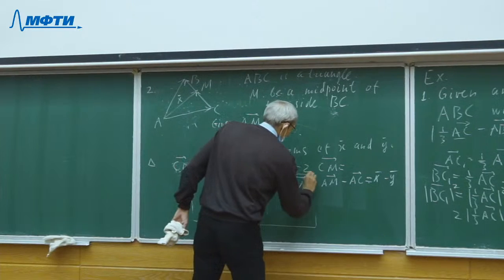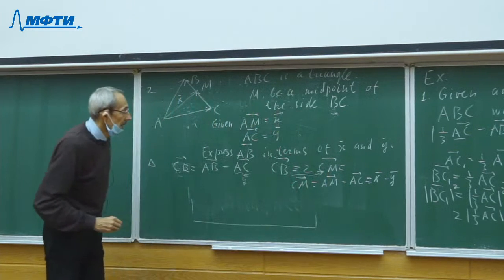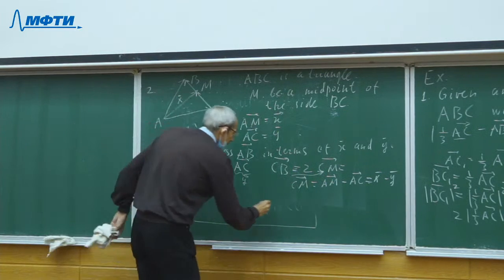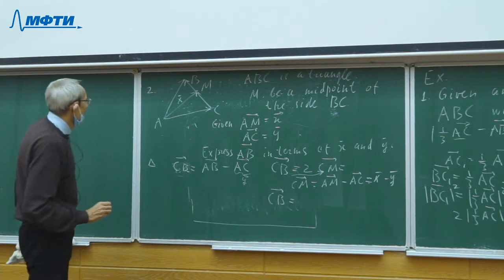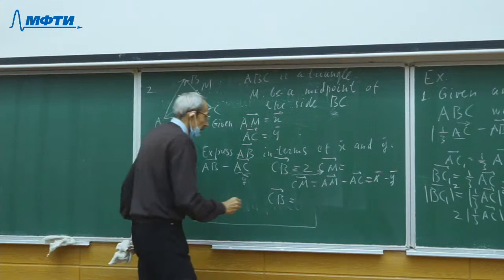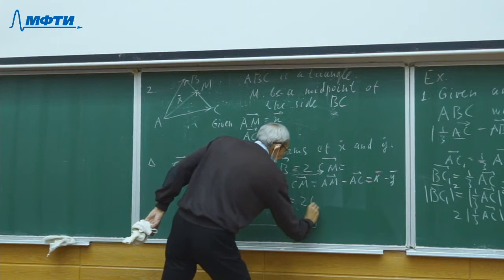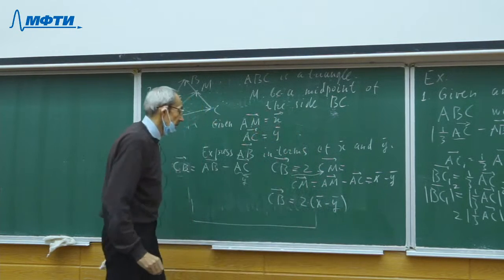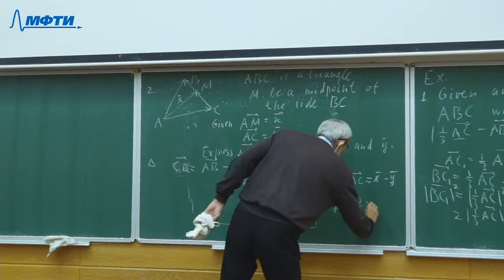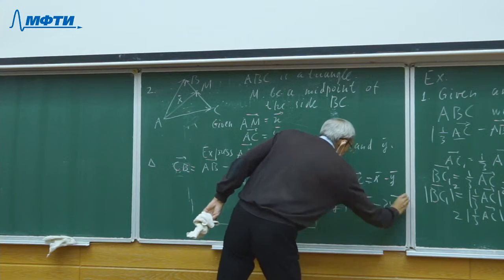And if we substitute this expression in the previous expression, we obtain that CB is equal to twice the difference of x and y, two x minus two y.